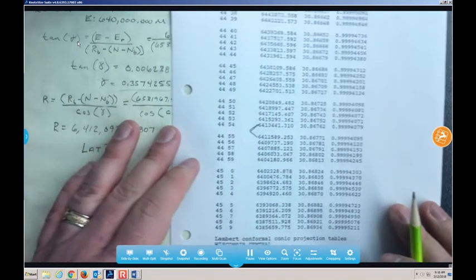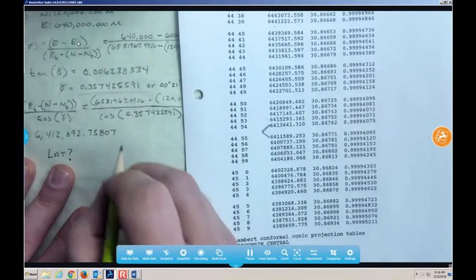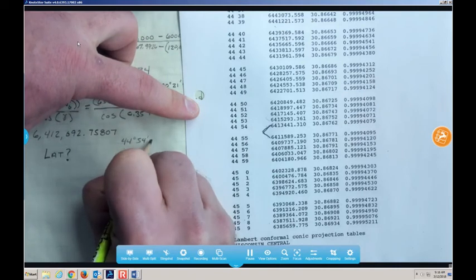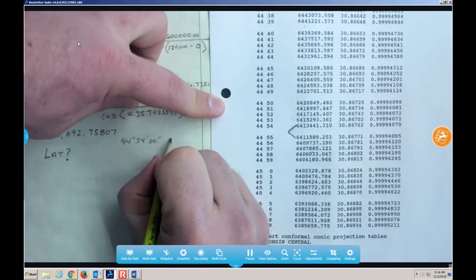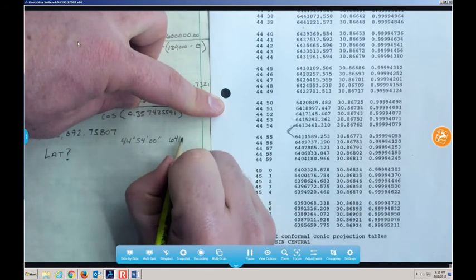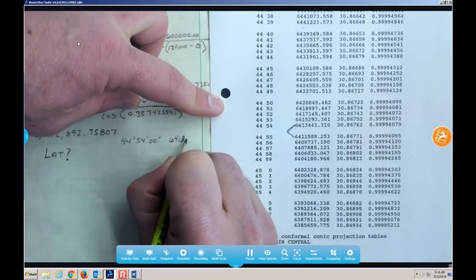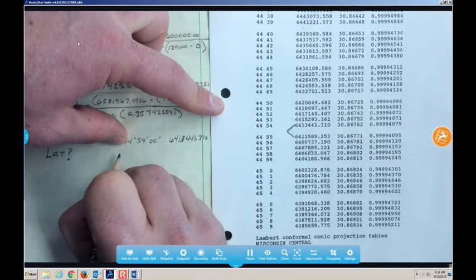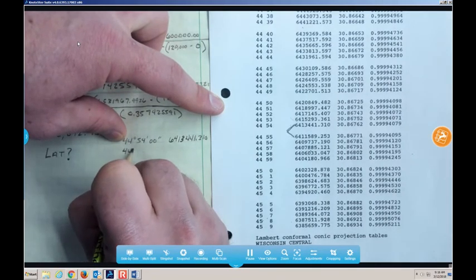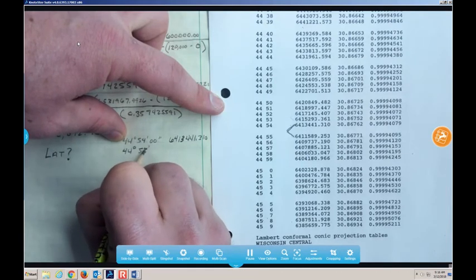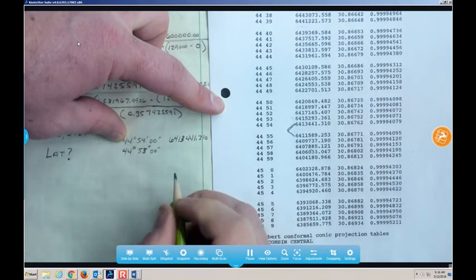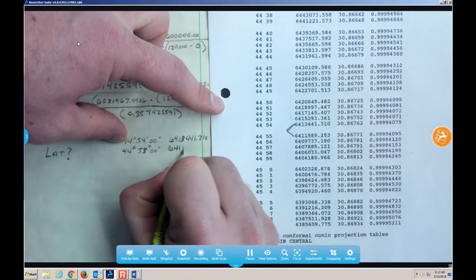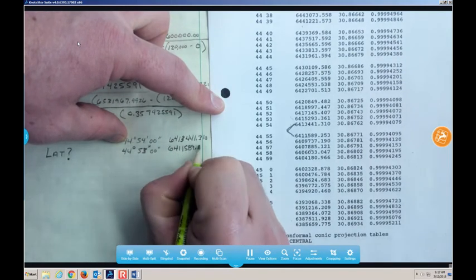So if I look here, at 44 degrees, 54 minutes, 00 seconds, I'm at 6,413,441.310, and then at 44 degrees, 55 minutes, 00 seconds, I'm at this radius, 6,411,589.253.